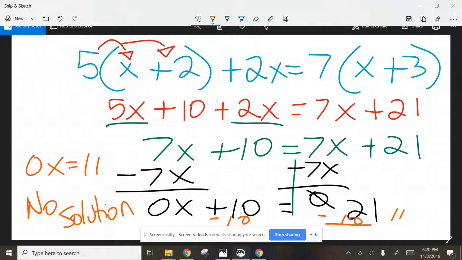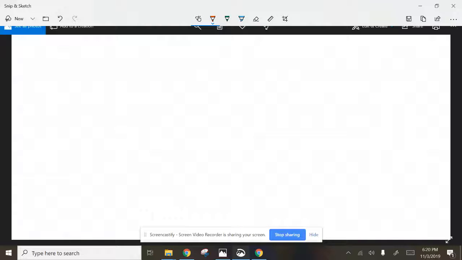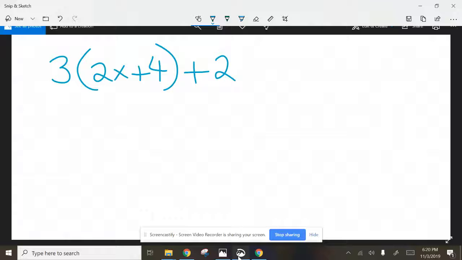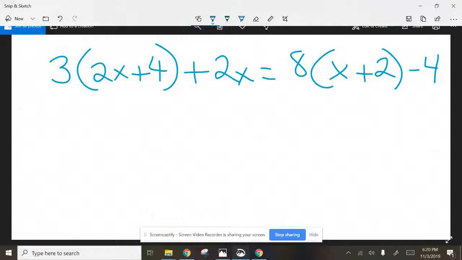All right, let's go ahead and do another one. 3 times 2x plus 4 plus 2x equals 8 times x plus 2 minus 4. It may look like a complicated equation. You know your first step is obviously to handle parentheses. We've been doing this.